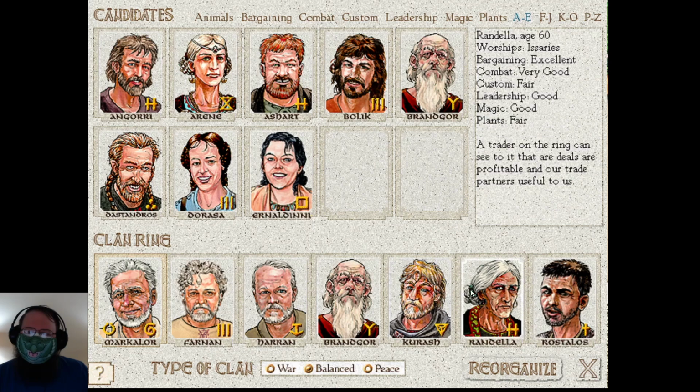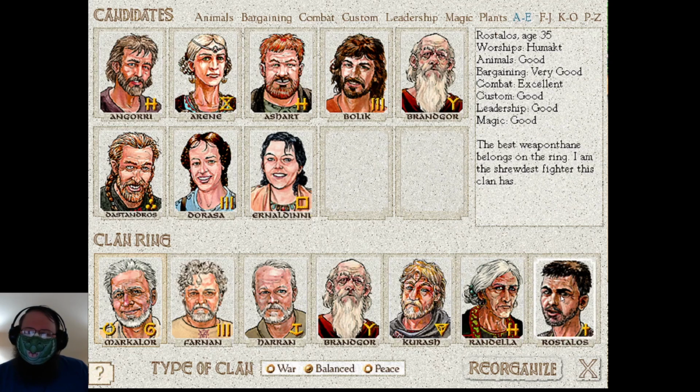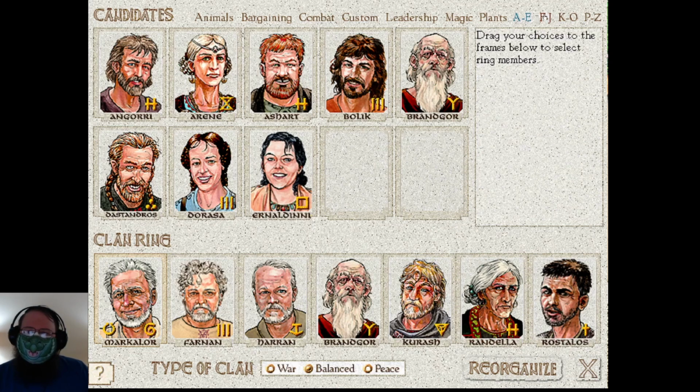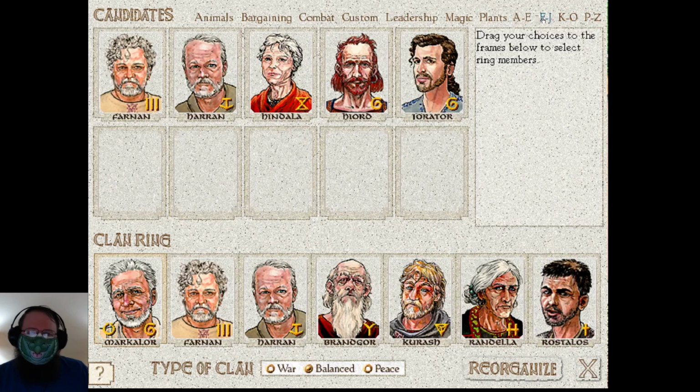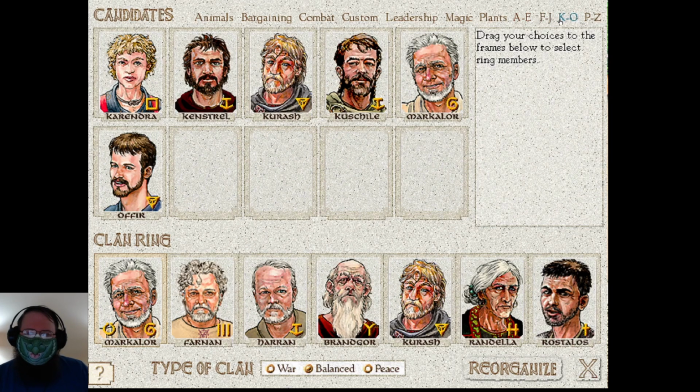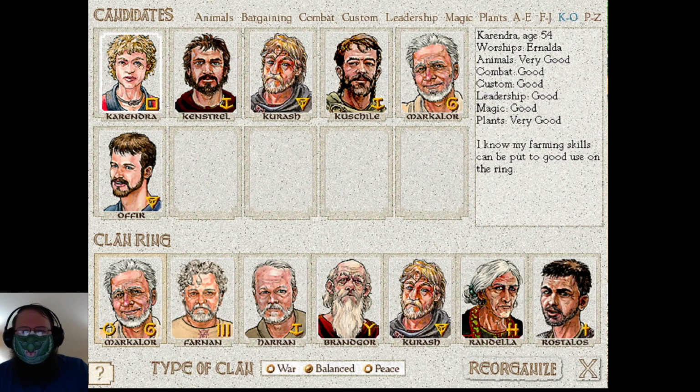Right. Best hunter belongs in the ring. Trader on the ring. Best weapon thing, Glean on the ring. People that worship Orlon's not higher skill. No, that's a good point.